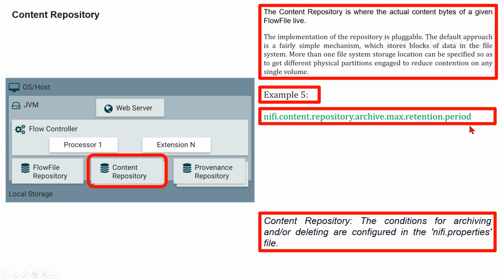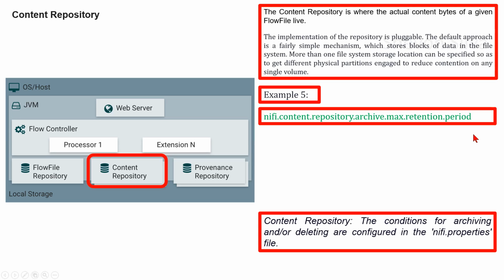The content repository is simply a place in local storage where the content of the flow files exists, and it's typically the largest of the three repositories, as this repository utilizes the immutability and copy on write paradigms to maximize speed and thread safety.